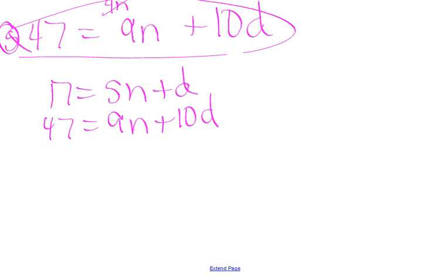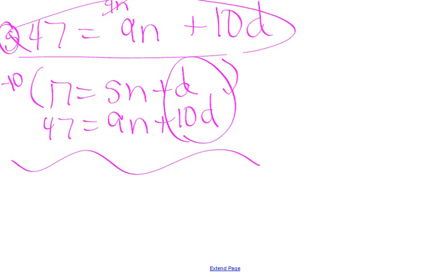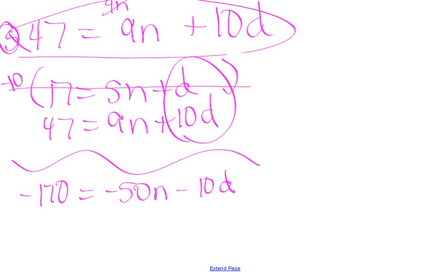Well, we have to eliminate another variable. I'm going to choose to eliminate d. So in order to do that, I'm going to have to multiply my top line by a negative 10. So when we do that, negative 10 times 17 is negative 170 equals negative 50n minus 10d. So there's my equation rewritten, and I'm just going to copy this one back down here. 47 equals 9n plus 10d.